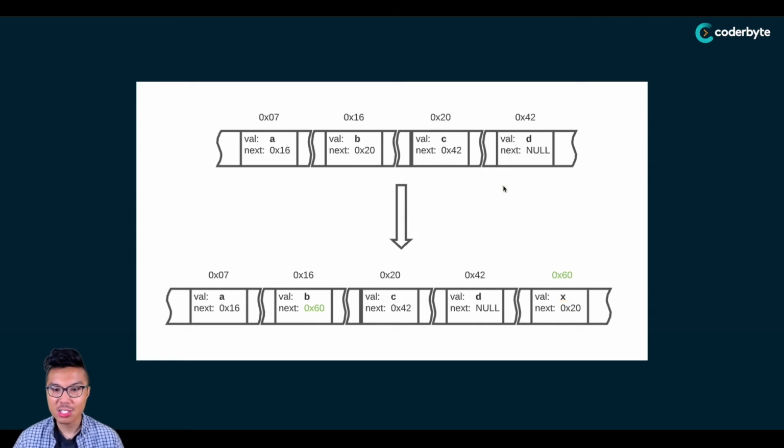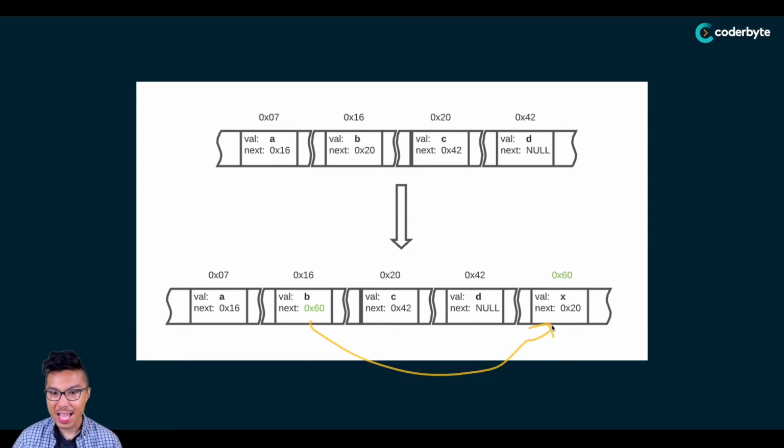How do I actually do the insertion? Well, if I want this X to appear after the B, I just need to correct B's next pointer, right? So instead of B pointing to C over here, at address 20, I'm going to reroute things and say, hey, the next thing after B needs to be address 60. So now B actually points all the way over here, right?